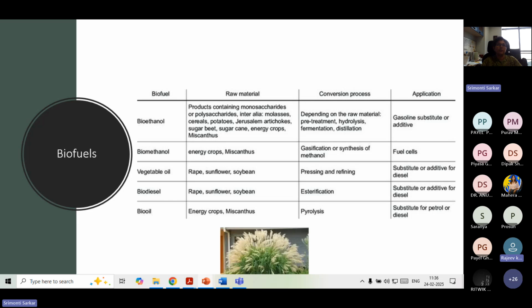So what are biofuels? When we talk about fuels, what comes to our mind is petroleum products such as petrol and diesel. You can think about LPG. Essentially, all of these fuels are very highly reduced carbon that can be rapidly oxidized, and during that process of oxidation, heat is released, and we harvest that heat and use it for other purposes.